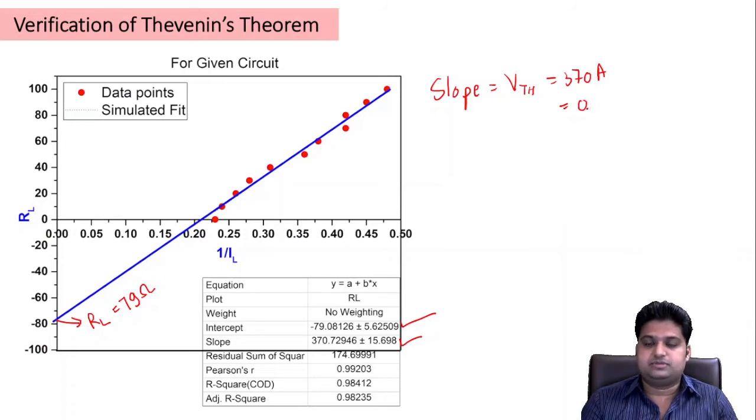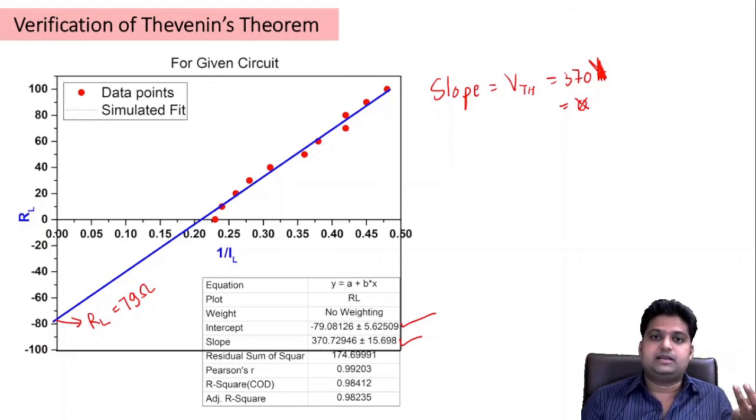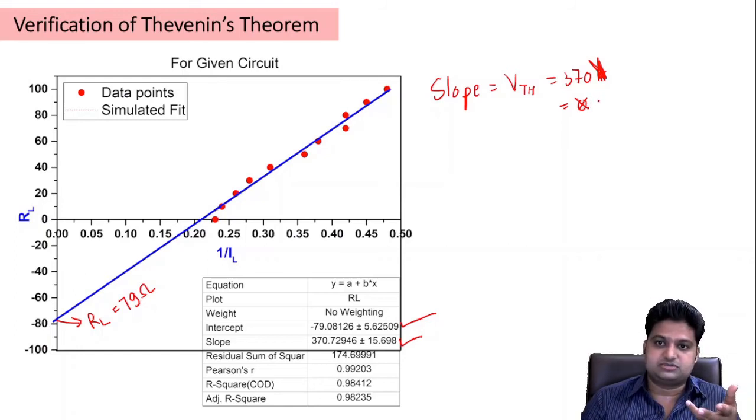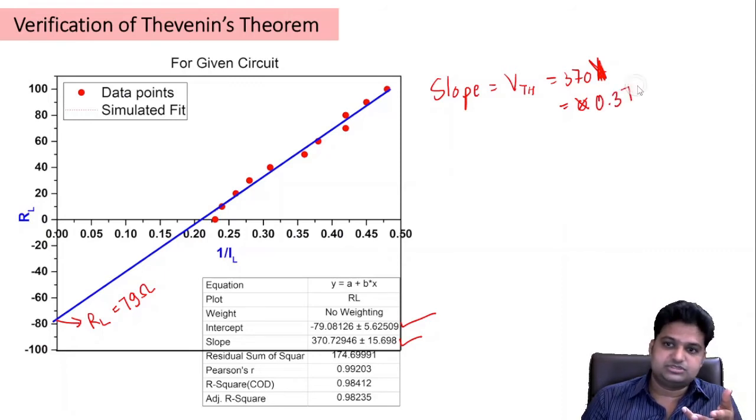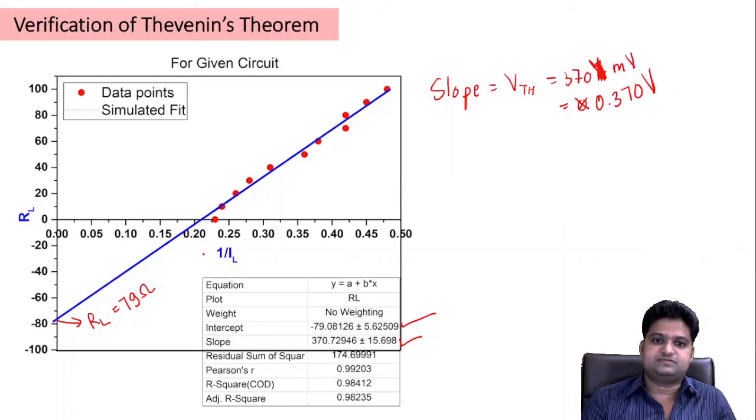I'm sorry, this is 370 millivolts, because we are using current in milliamps, so you are getting volts in millivolts. The actual answer in volts would be 0.370, right?